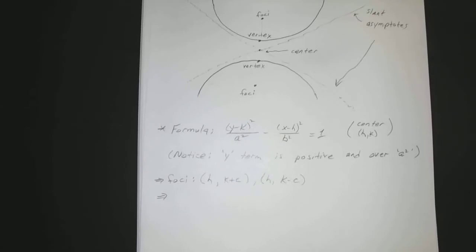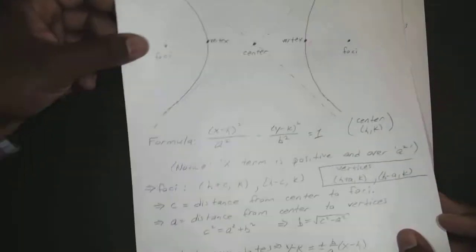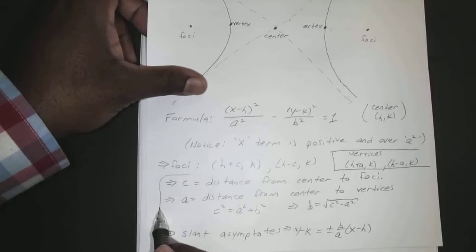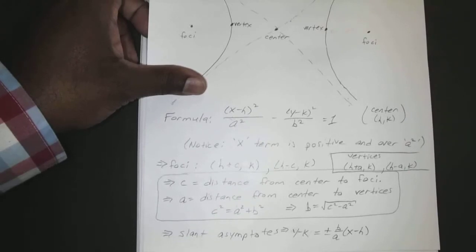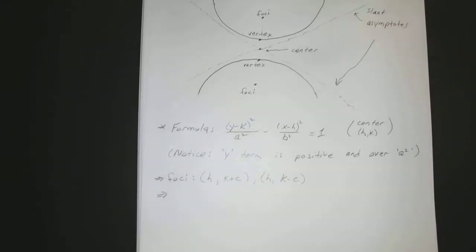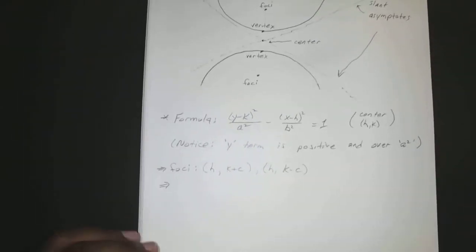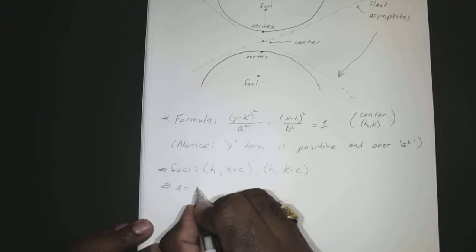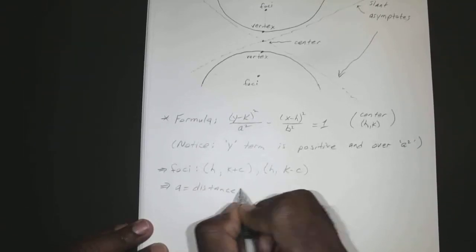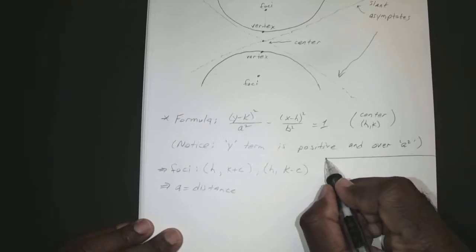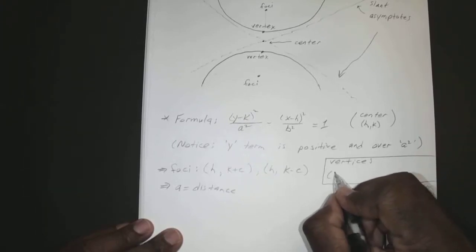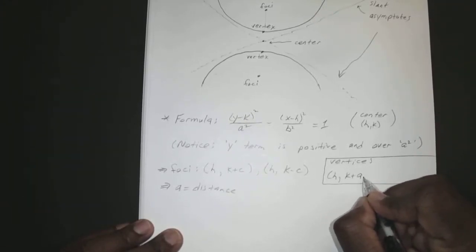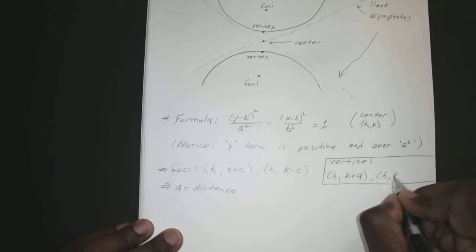Okay. Now, the one thing that's exactly the same about both is that c is the distance from the center to the focus points, and a is the distance from the center to the vertex. Those two are the same for both. Oh, and the vertex is actually, let me put that mark there, (h, k) plus a and (h, k) minus a.